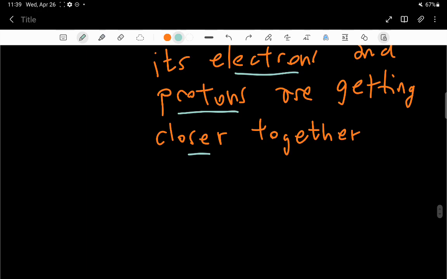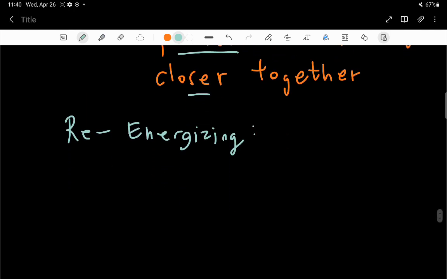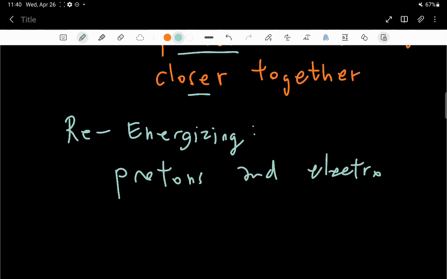And then you can imagine the other version of using a battery is actually recharging the battery, or, and you know this now, re-energizing the battery. If you re-energize your battery, what you're doing is you're taking all of the protons and electrons that are separated.